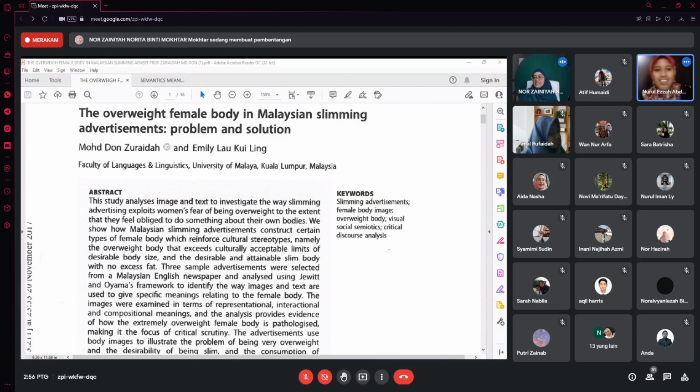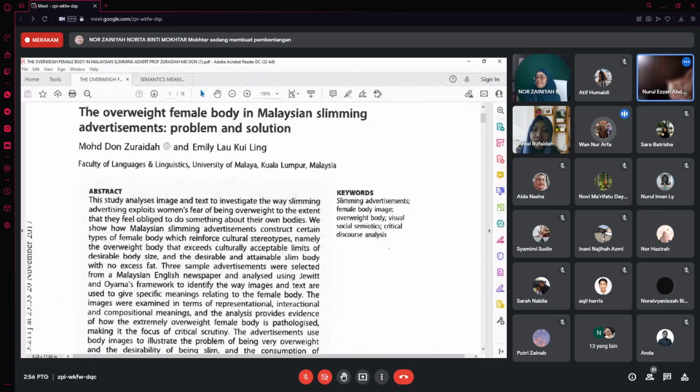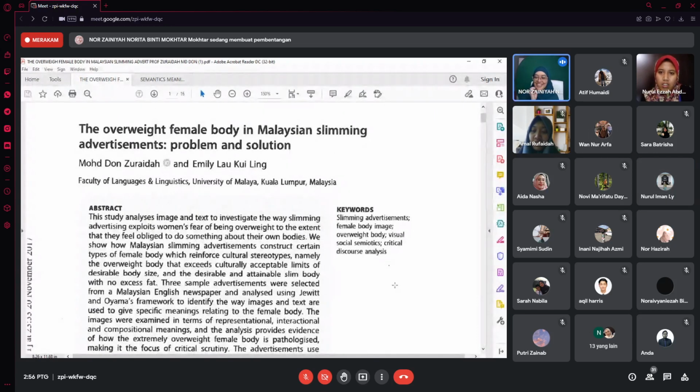Is it descriptive? Is it diagnostic? Because you have problem and solution there, right? Yes, it looks like a diagnostic. But it can be experimental also. It's not experimental. It is actually an exploratory.